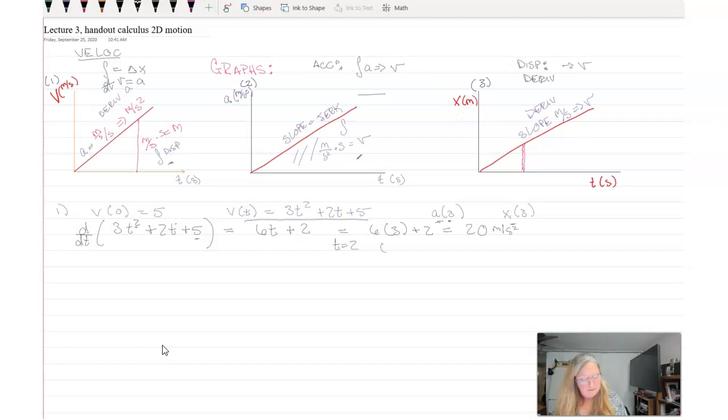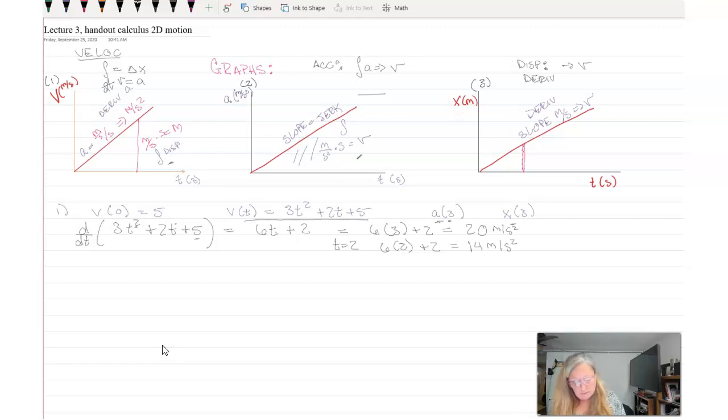At t equals 2, I have 6 times 2 plus 2, otherwise known as 12 plus 2, 14 meters per second squared. So my acceleration is indeed changing. I cannot use the equations of motion because those are for constant acceleration. If the acceleration is changing, you can't use the equations of motion that we used previously.